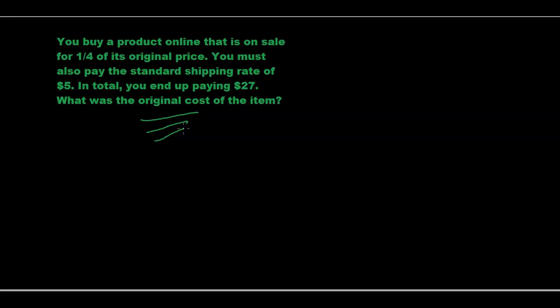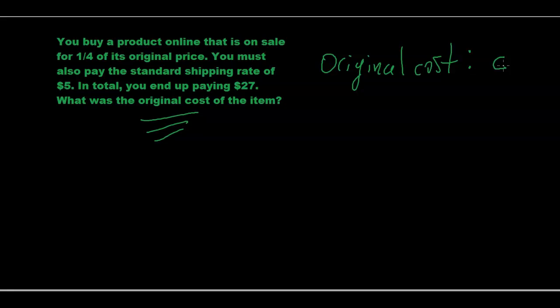So let's assign that a variable. So let's say the original cost. Let's just call that C this time, okay? That's the variable C. And what do we know about what we actually ended up paying? Well, we ended up paying 1/4 of the original cost C plus the $5 shipping fee or shipping rate.